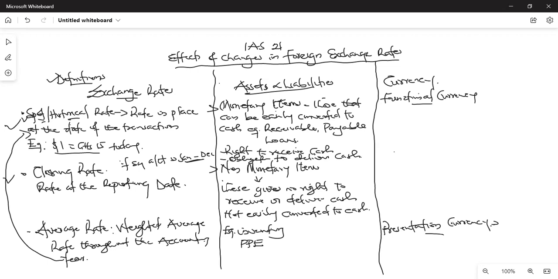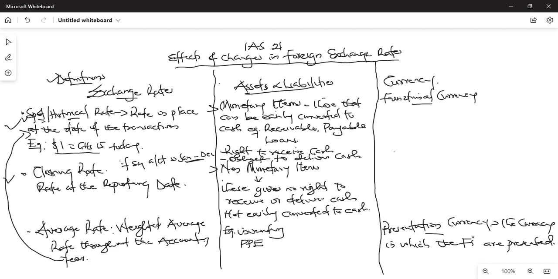So if you prepare accounts, the currencies that you see at the top, the ones that we tell you never to omit when preparing your financial statement because you carry marks, those are the ones that we are calling presentation currency.